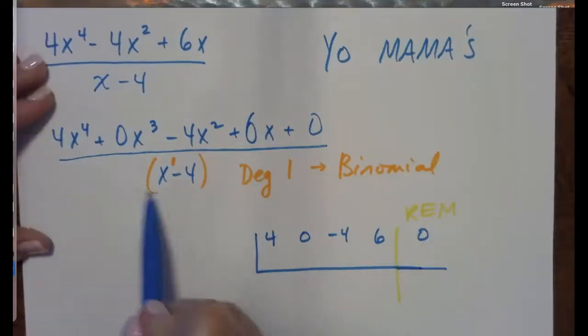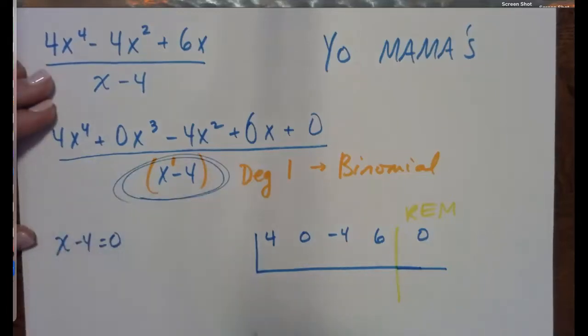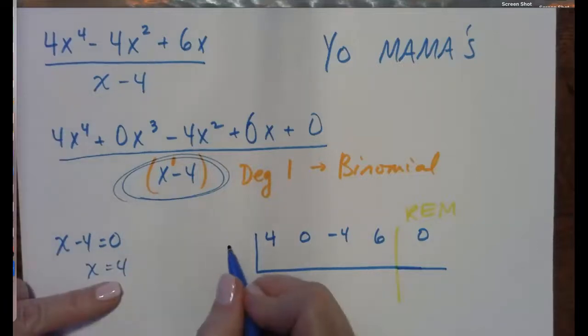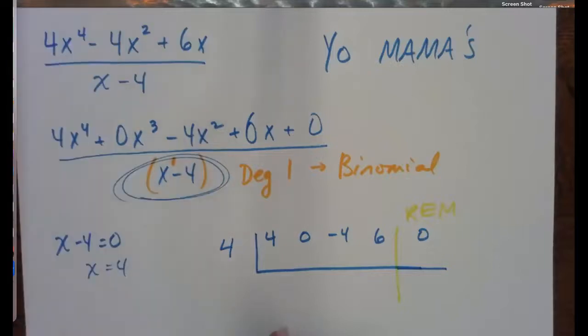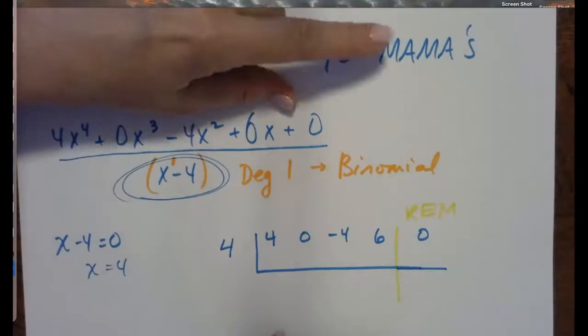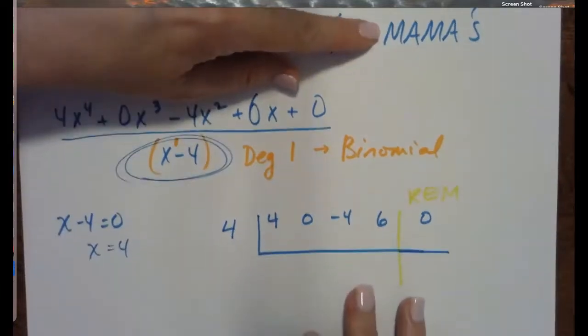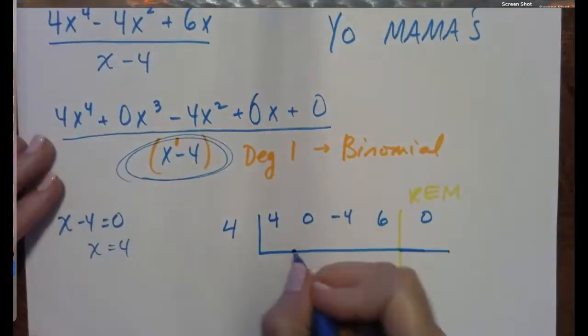So here's the deal. We're going to take our divisor, set it equal to 0, and we get x equals 4. So this is the factor that we are going to divide by, positive 4. Now, because we just changed the sign of that, instead of subtracting, we're going to be able to add, which is why I call this yo mama's division, because we're going to multiply and add and multiply and add as we go through the division.